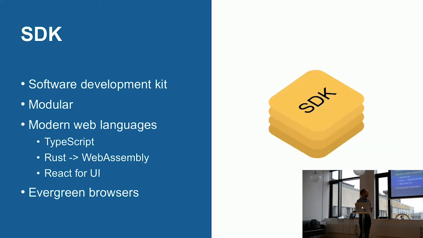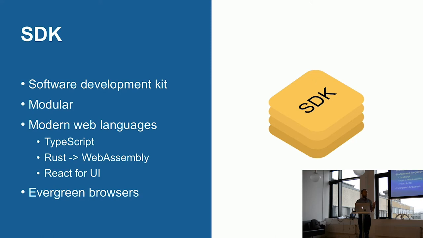And so the SDK part, just having a web API is good, but maybe some people want some help on the way. So we're also creating an SDK. And the SDK is developed in a modular way. So if you just want some help to make web requests, you can just get that module.